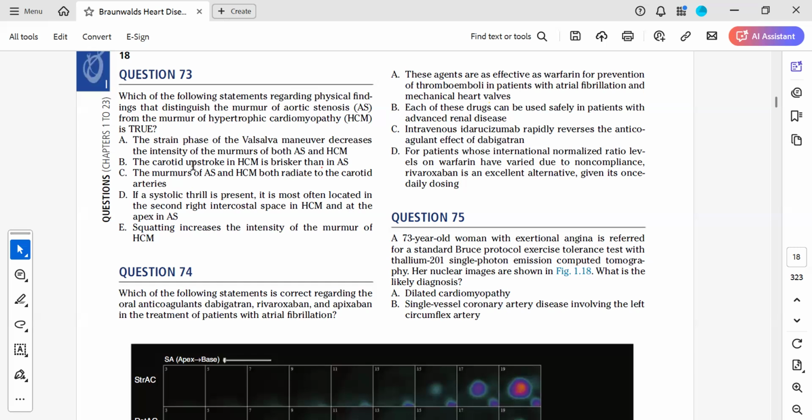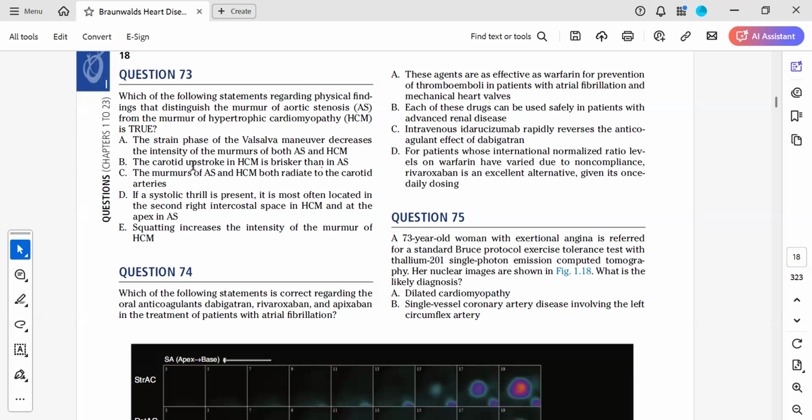Looking at B, the carotid upstroke in HCM is brisker than in AS. In AS, the carotid upstroke is reduced in amplitude and also delayed, where we have the pulsus parvus et tardus, as explained by my colleague earlier. But in HCM, it is initially brisk, then diminishes in mid-systole as the left ventricular outflow gradient increases.